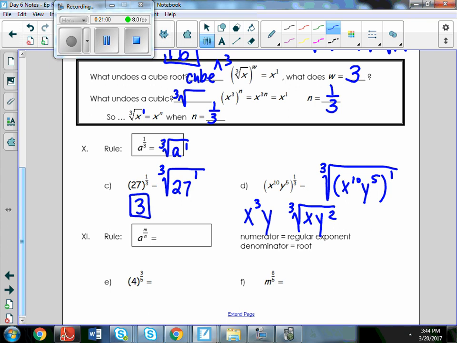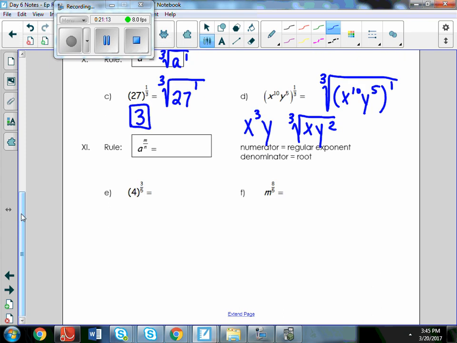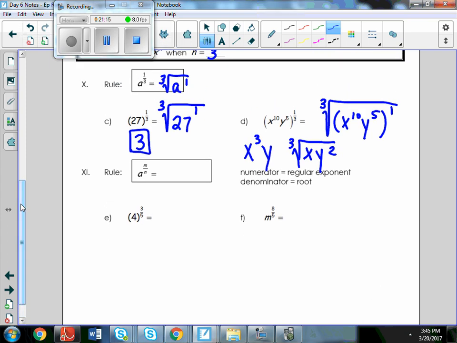Okay, so I kind of wrote them far apart. This is the index. It's not the power. The power of the y is 1. That's the root. So the rule is a raised to the fraction m over n is the same thing as a to the power, it's on top, the m, and it's the nth root.